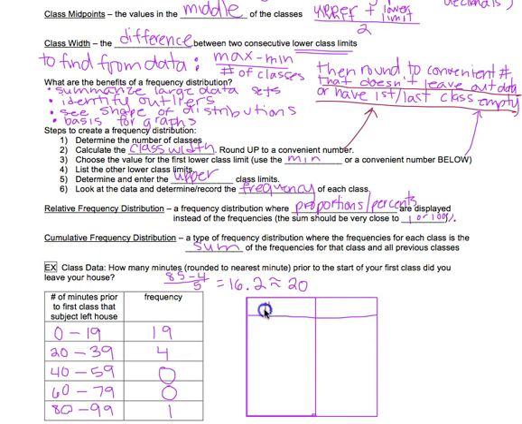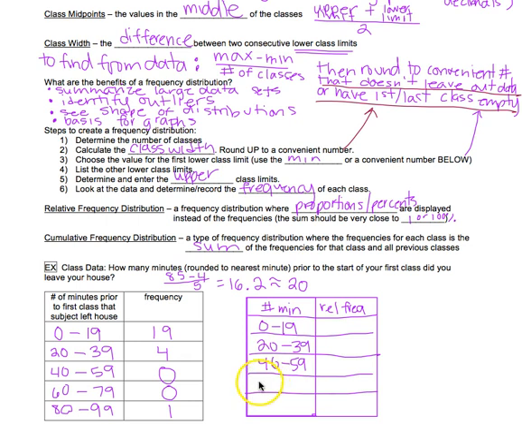So number of minutes, we'll just put, and relative frequency. So in this case, we are still going to have the same 5 classes with the same labels. But now we're either going to have the decimal or the percent.